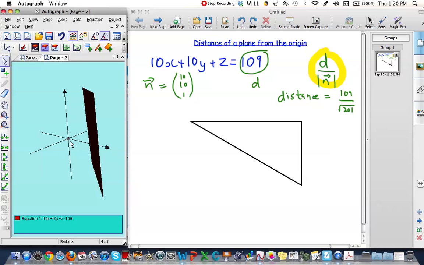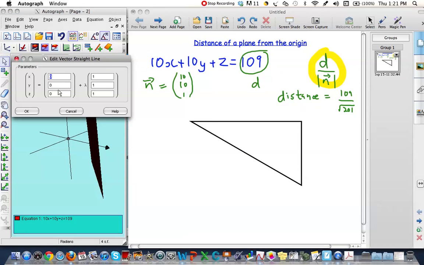The second thing that I'm going to do is have an equation of a line, and the equation of the line is going to pass through the origin and be perpendicular to the plane. And so the way I'm going to ensure that it passes through the origin is, of course, to use the coordinates of the position vector 0, 0, 0.